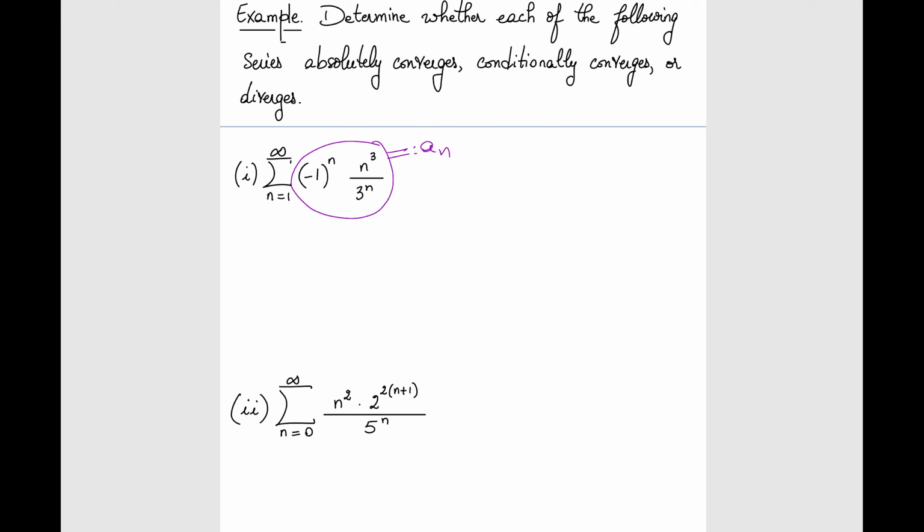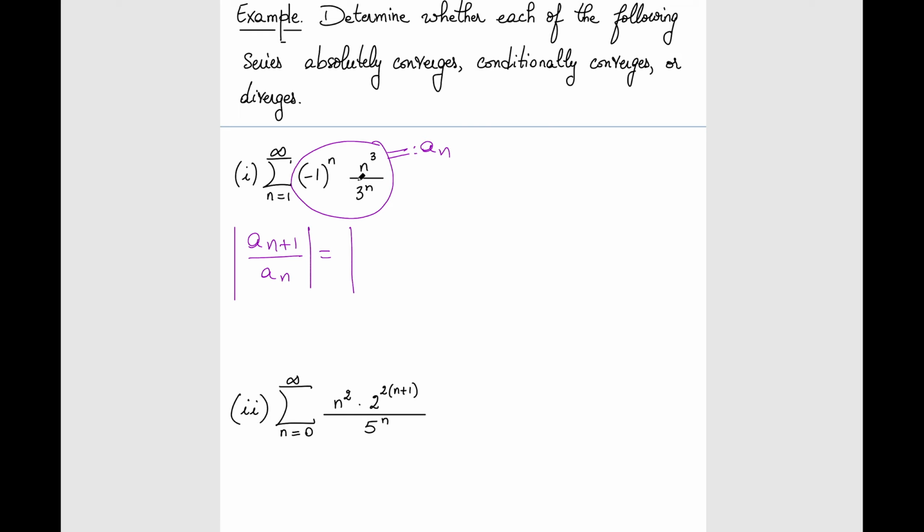So let's take a look at this ratio, a_{n+1} divided by a_n. Forget about this (-1) to the power n, because the absolute value is going to absorb that, because this factor is minus 1 or 1. With the absolute value, it's going to be absorbed.